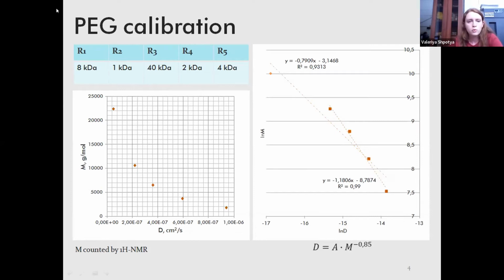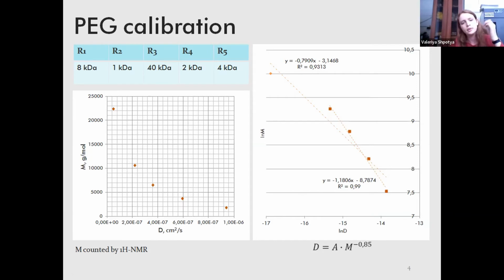So the masses of PEGs are known, but we decided to provide a standard proton spectrum to calculate the mass with the characteristics from the spectrum, as we will do in the study with copolymers and homopolymers.